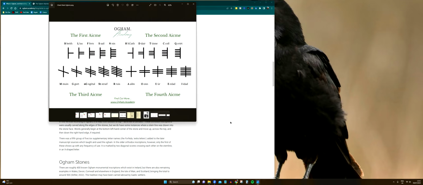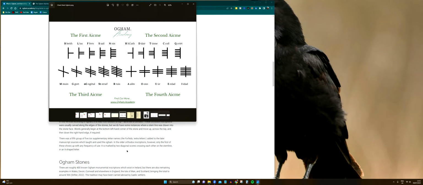There was a fifth group of 5 to 6 supplementary letter names, which are called the forefeather or extra letters, added to the later manuscript sources which taught and used the Ogham. In the later Orthodox descriptions, however, only the first of these shows up with any frequency of use.